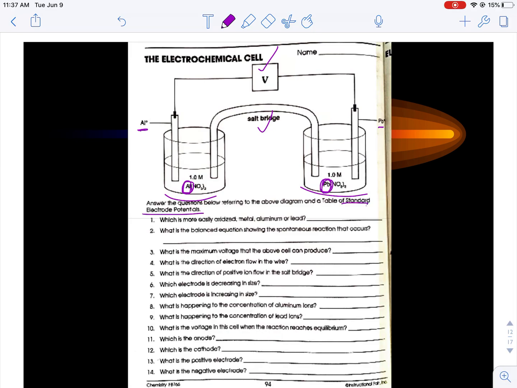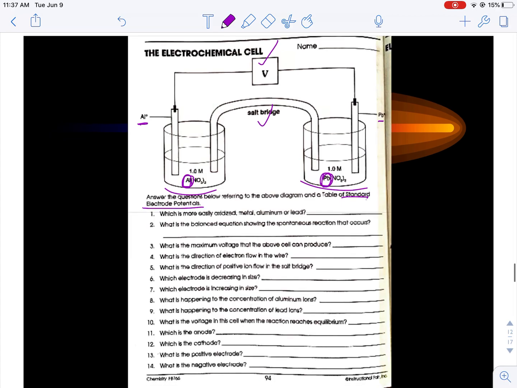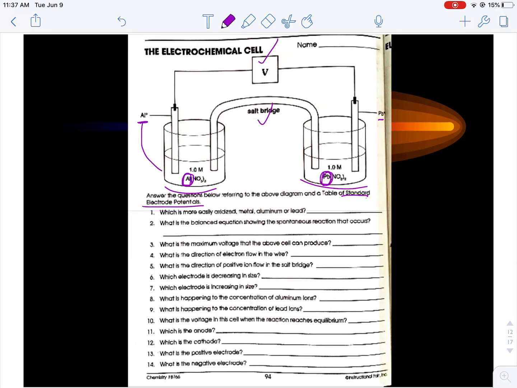Well, that takes us to our standard electron reduction potential chart. We know that the more easily oxidized ones are the ones whose E cell values are more negative. So let's look them up. I've got aluminum going to aluminum 3+, that's its ion.